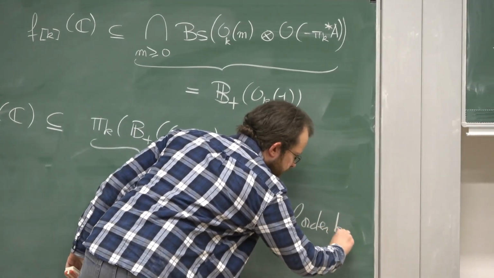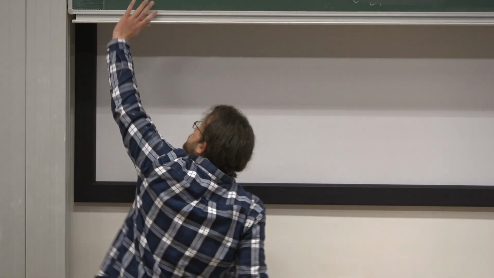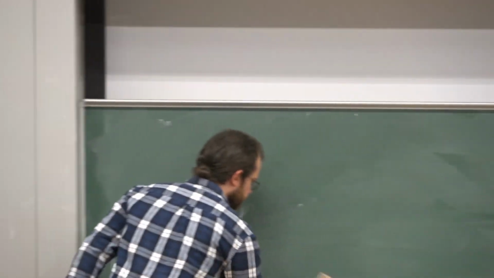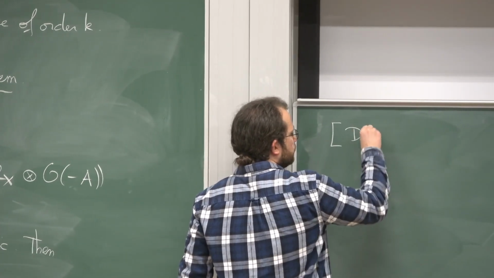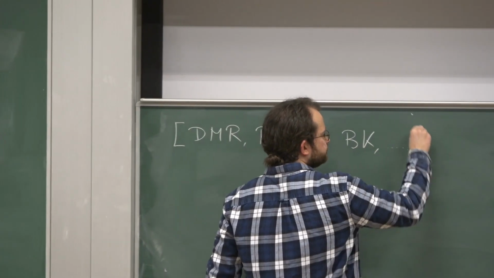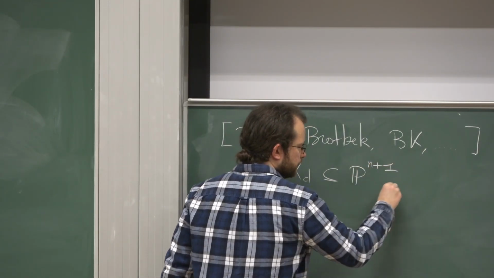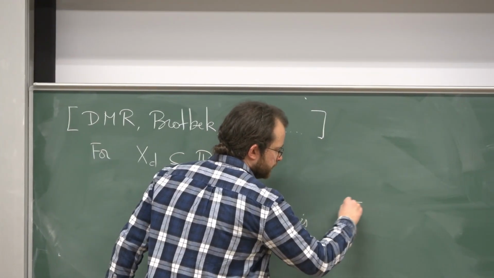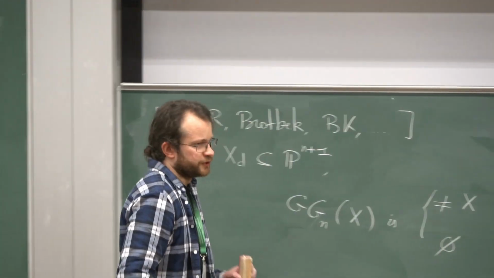And so what was done actually in this work of Demailly, Merker, Rousseau, Darondeau, and eventually Berczi-Kirwan is that they showed that under their hypothesis, for hypersurfaces as before, the Green-Griffiths locus, in this case of order n, is either different from X or empty, depending on whether you are trying to prove the Kobayashi conjecture or the Green-Griffiths conjecture.